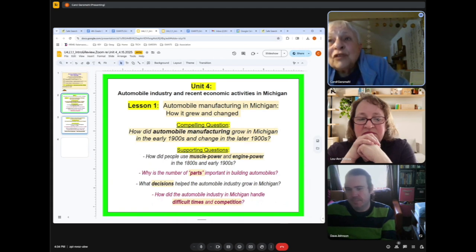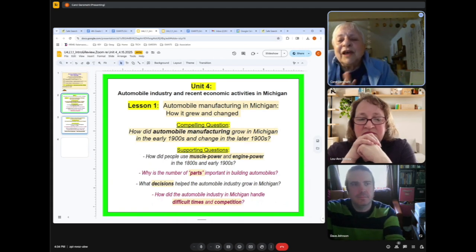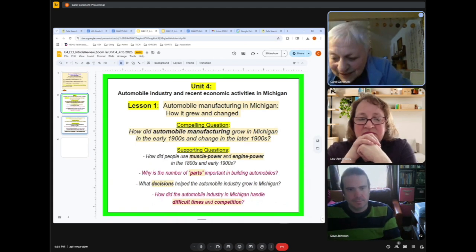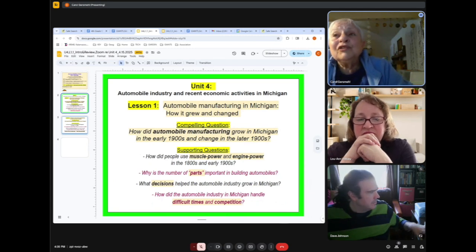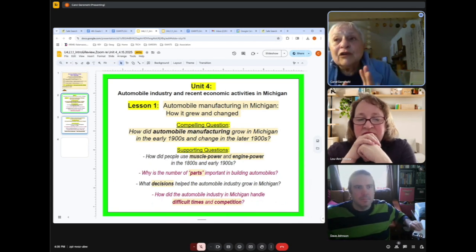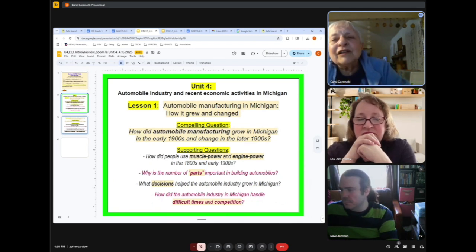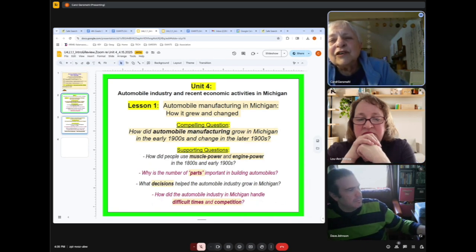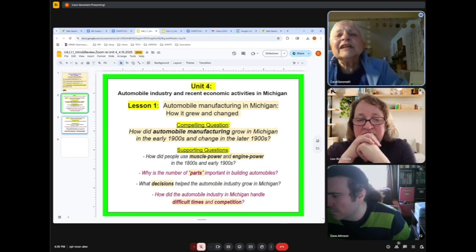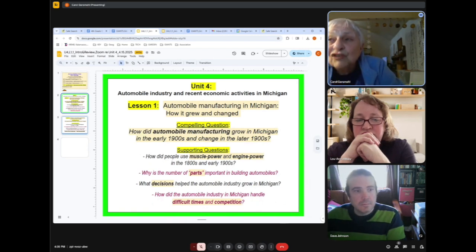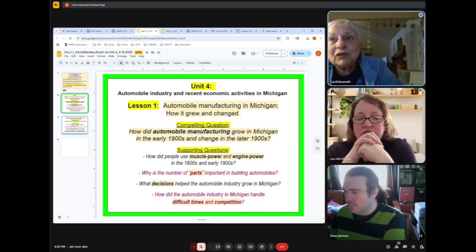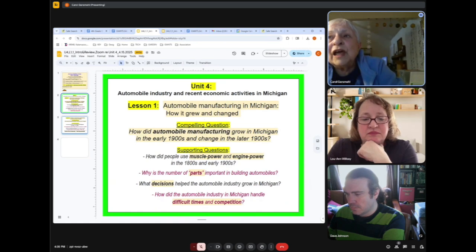Into the supporting questions, we had people in Michigan and in the United States and other parts of the world who had been using muscle power for thousands of years. And in the early 1900s, they really settled on using engine power instead of the muscle power. So we'll look into that.